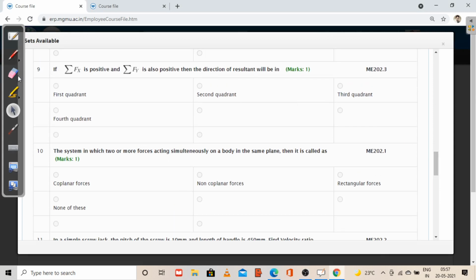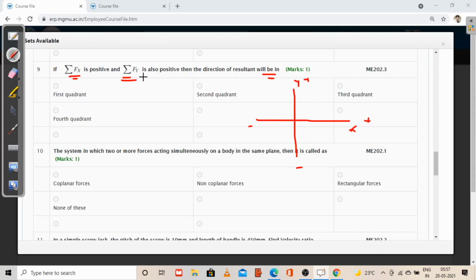This is an interesting question, ninth question. If summation of Fx is positive and summation of Fy is also positive, then the direction of the resultant will be. Okay, I have to create the quadrant system here. This is x, this is y, plus, plus, minus, minus.